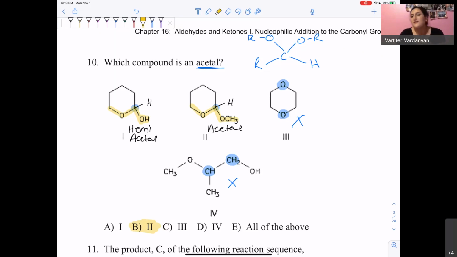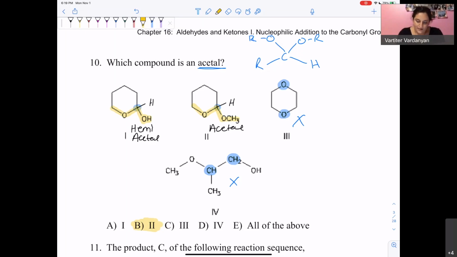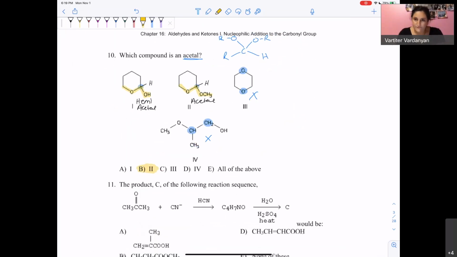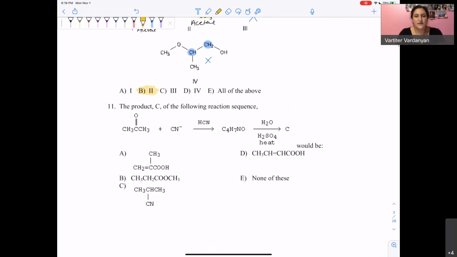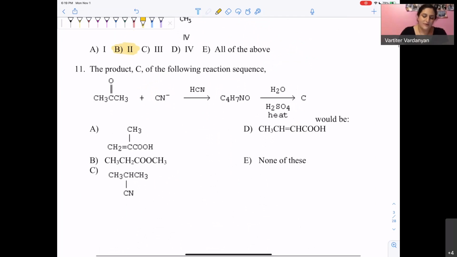Okay, so it seems like you guys are picking it up, which is good. For the cyanohydrin question, I don't know if anyone was here last week when I briefly talked about it, but essentially, don't worry too much about the cyanohydrin one.